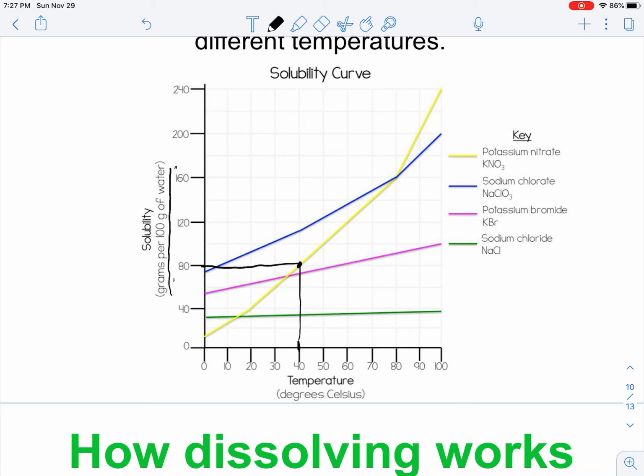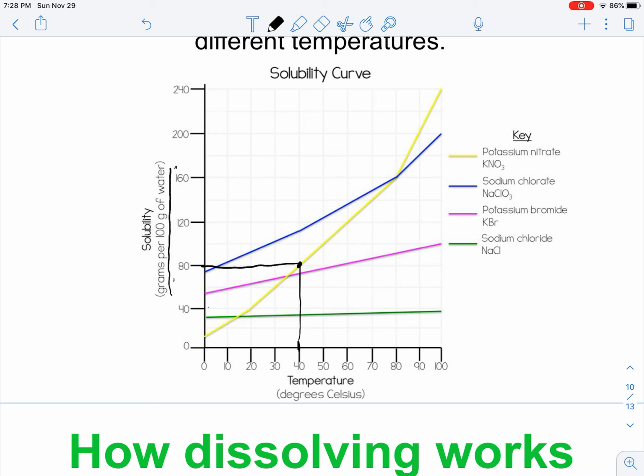I will show you the worksheet in just a second, but I wanted you to look at this. It is very important that you can look at these different things and analyze what's going on. So let's say that I needed to dissolve 50 grams of this potassium bromide. What temperature would I need to get it up to?